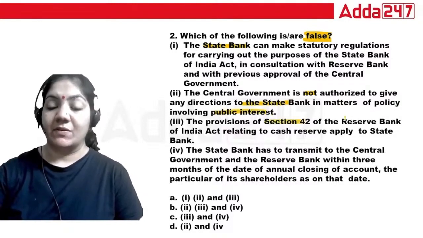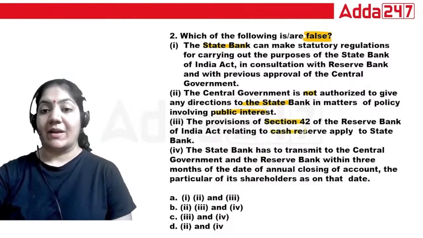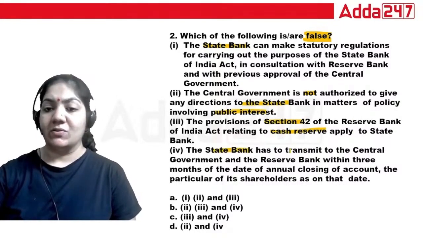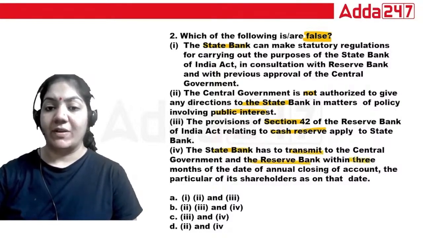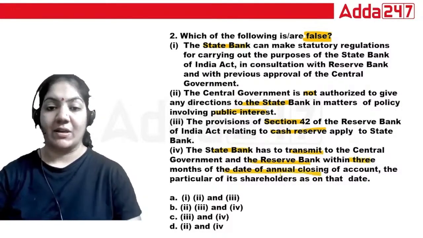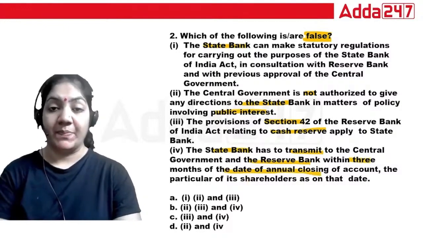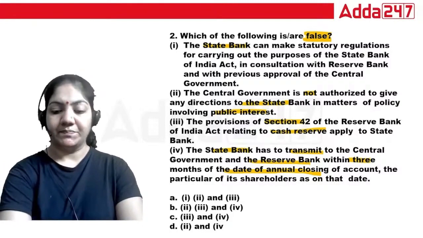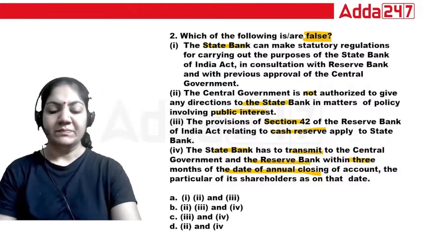Third, the provisions of Section 42 of the Reserve Bank Act relating to the cash reserve apply to the State Bank. Fourth, the State Bank has to transmit to the central government and the Reserve Bank, within three months of the date of annual closing of accounts, the particulars of the shareholders. So which of the following is the false one, class? Tell me.